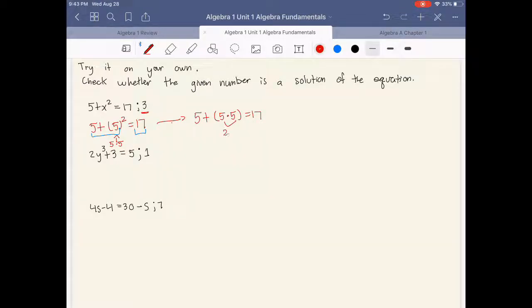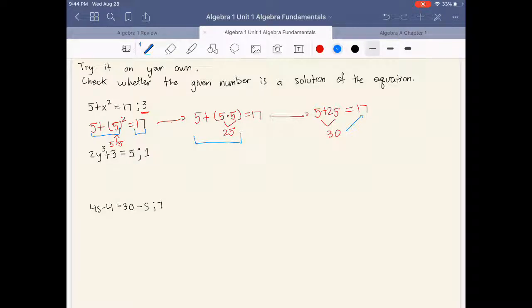Should be 9. Okay, now let's rewrite this whole left side again. So it's going to be 5 plus 9 equals 17. When you add 5 plus 9, what does that give you? Gives you 14. But does that equal 17?